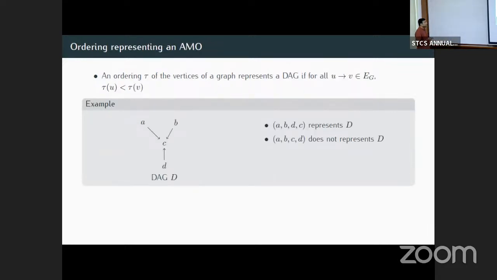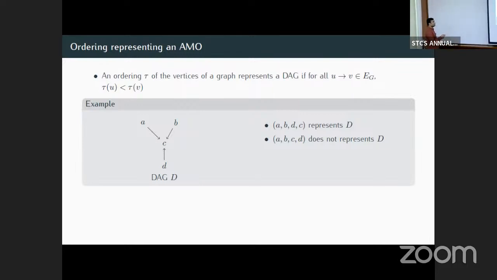Each acyclic model orientation has an ordering of the vertices which can represent the DAG. For this DAG, if for any edge directed U to V, tau of U is less than tau of V, it means the initial node of the edge comes before the final node.